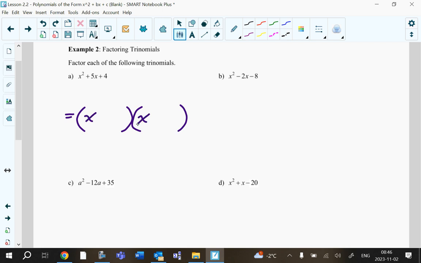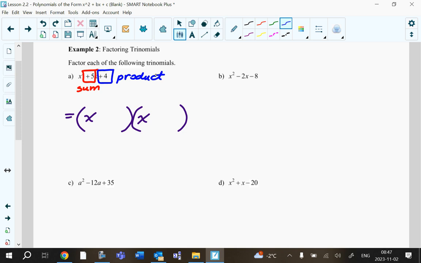It's the numbers I need to figure out. Well, the numbers that I'm looking for have to have a sum of positive 5 and a product of positive 4.